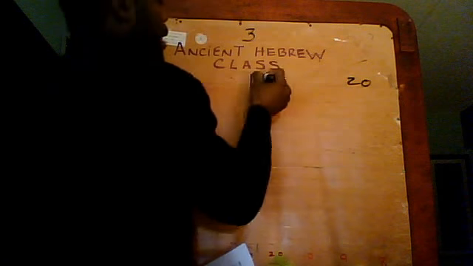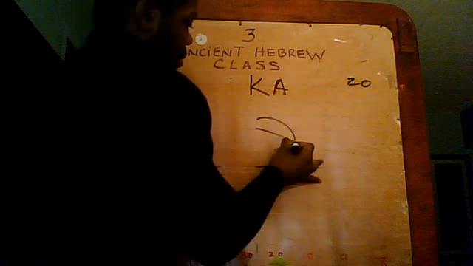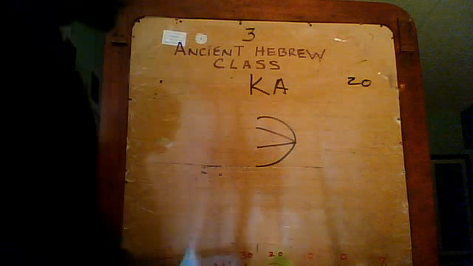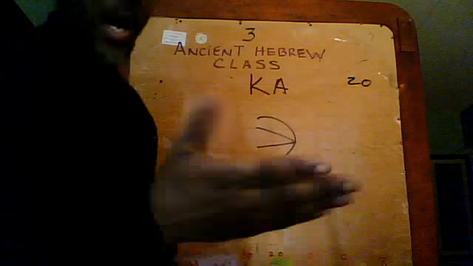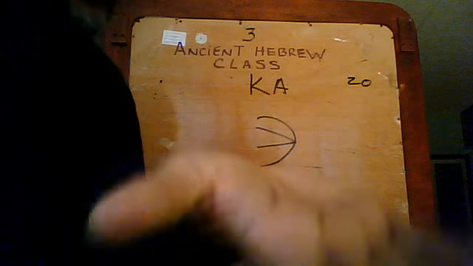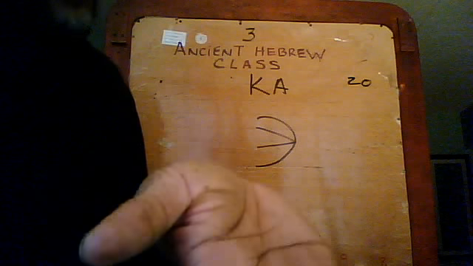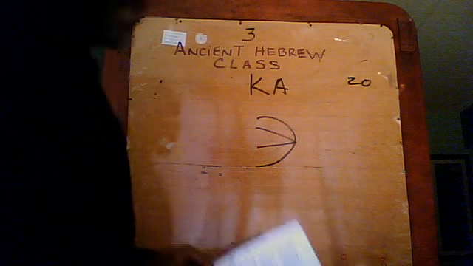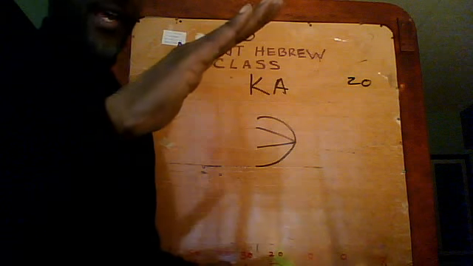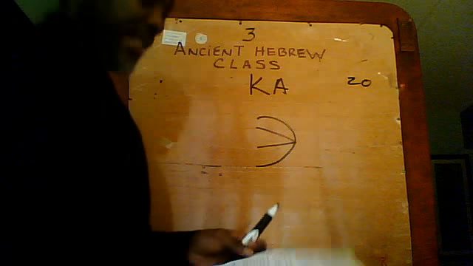20. This is Ka. Ka is the palm of the hand. If you see the palm of the hand, it's similar in shape and fashion. The palm of the hand is the thickest part of the hand. This is the part that makes contact with things that you hold.